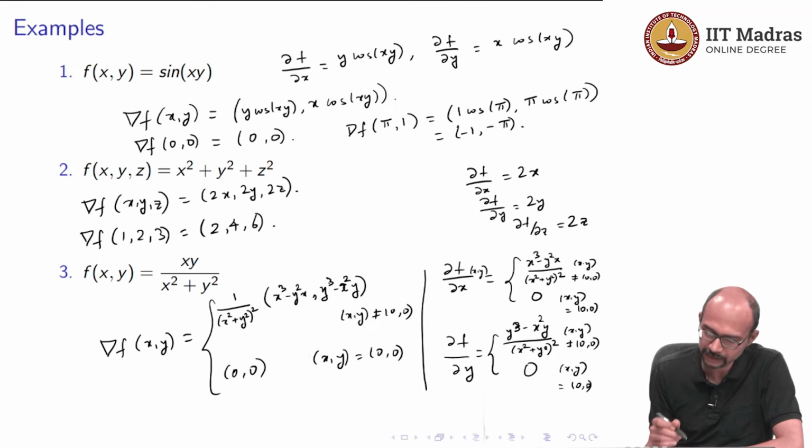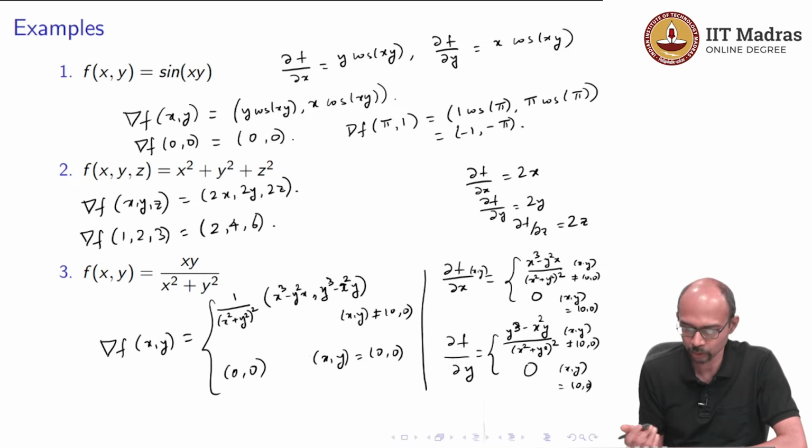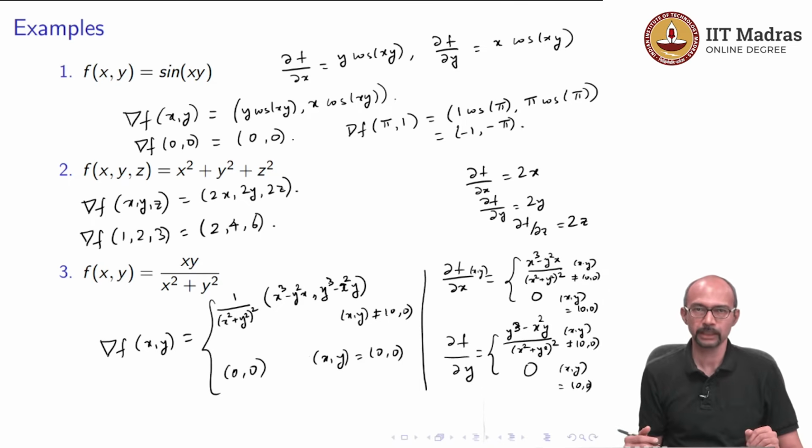And the second thing is that the gradient function is like any other function: it could be piecewise, it could be defined in a different way, it may not be defined everywhere. All of those things are possible, and it takes values again in R 2. So, this is a function from R 2 to R 2. Okay, I hope these examples are illustrative of what the gradient function and the gradient vector are.